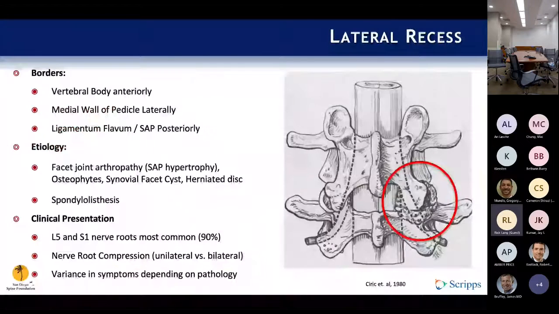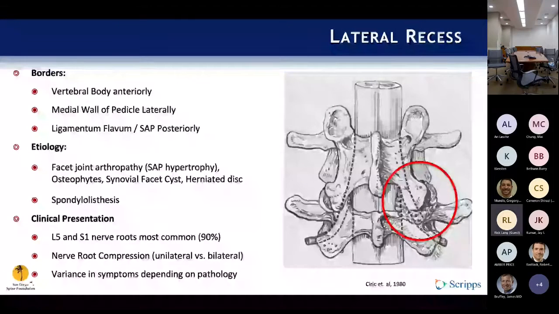If we shift a little bit laterally to lateral recess stenosis, for some comparisons and contrast, the borders here are your vertebral body anteriorly, laterally the medial wall of the pedicle, and posteriorly your ligamentum flavum as well as your SAP, which is commonly implicated in the pathology.